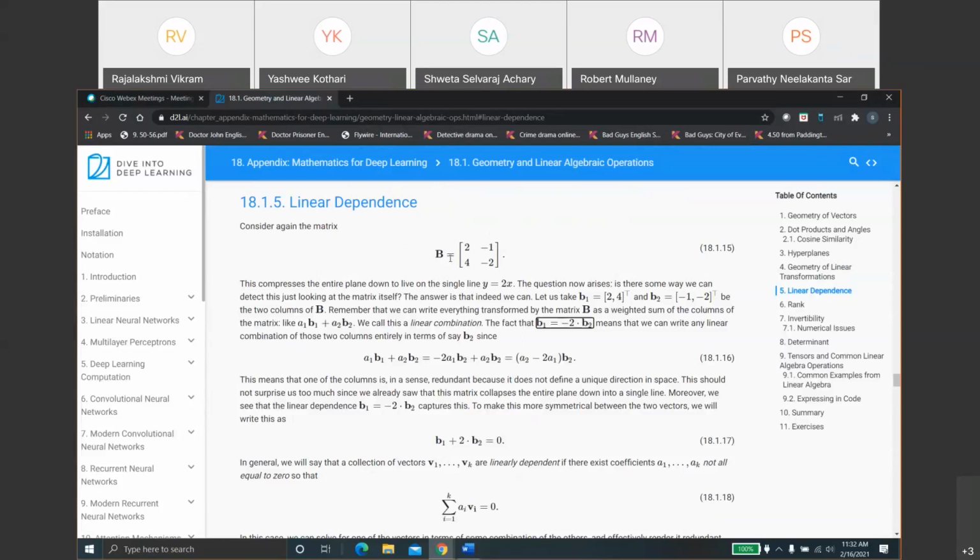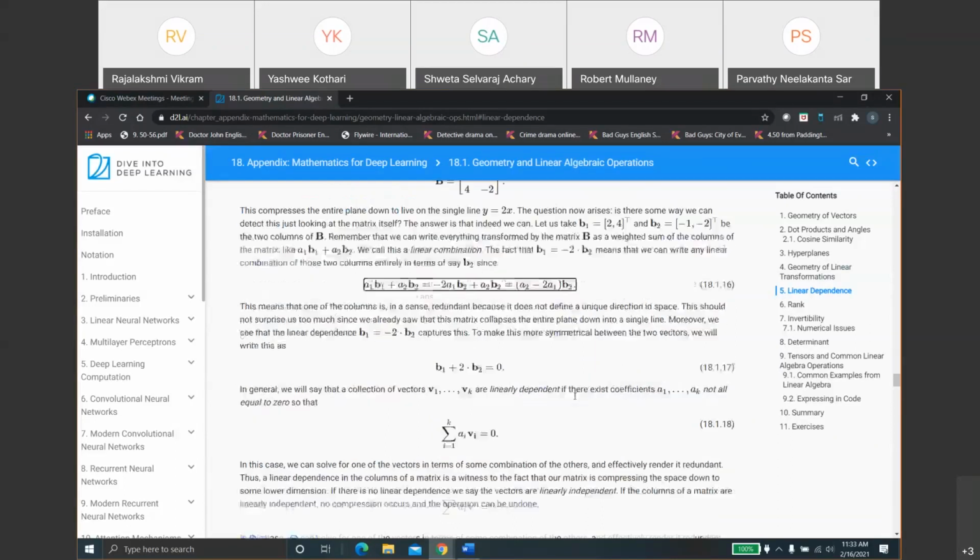So B can be represented as some constant A1 into B1 plus some constant A2 into B2. Okay, and when you substitute B1 equals minus 2 B2 in this equation, you will get A2 minus 2 A1 equals B2, which means B1 is redundant. B1 depends on B2, right?